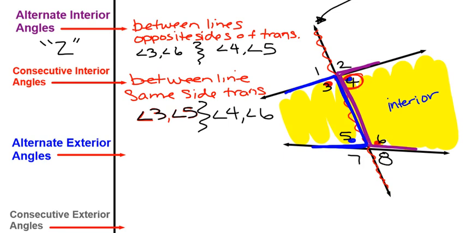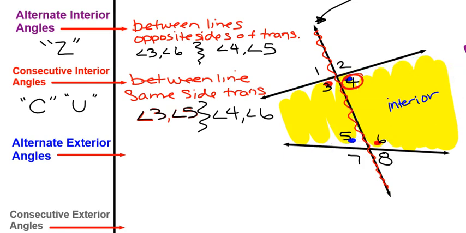And to help you remember what that is, I like to think of that as a C, or if you turn the picture, if you turn your paper 90 degrees, sometimes it looks like a U. So that looks like a C or a U, backwards or forwards. And so that's another pair of our special angles. Let me get that little bit of extra work out of there.